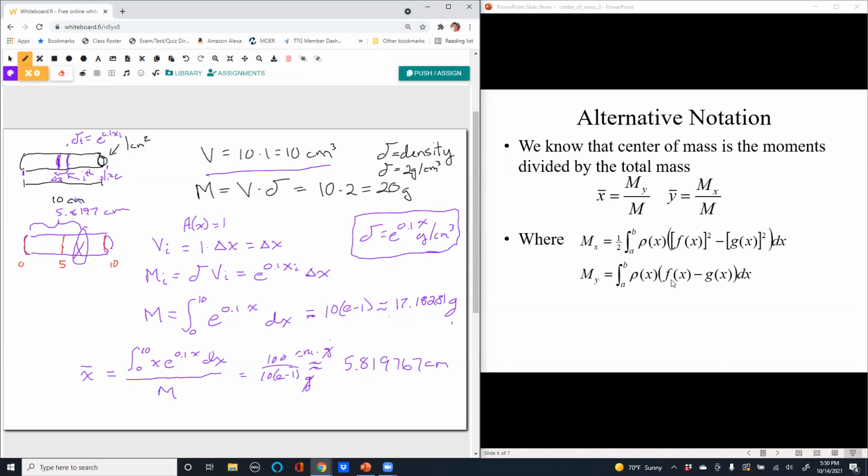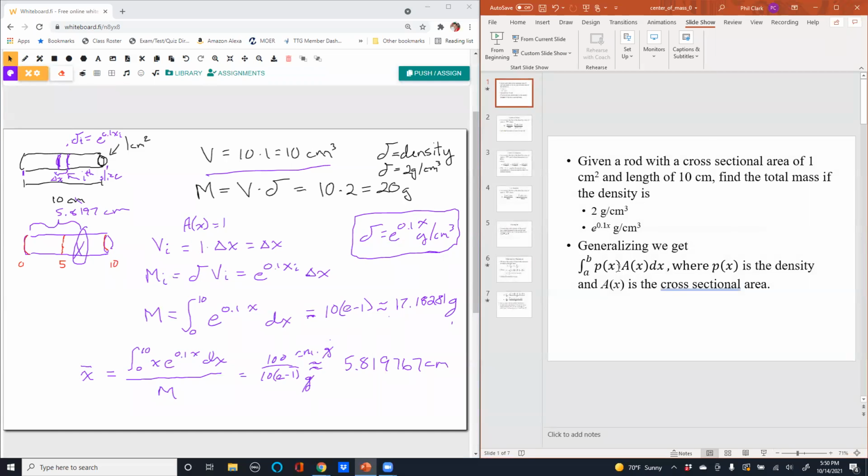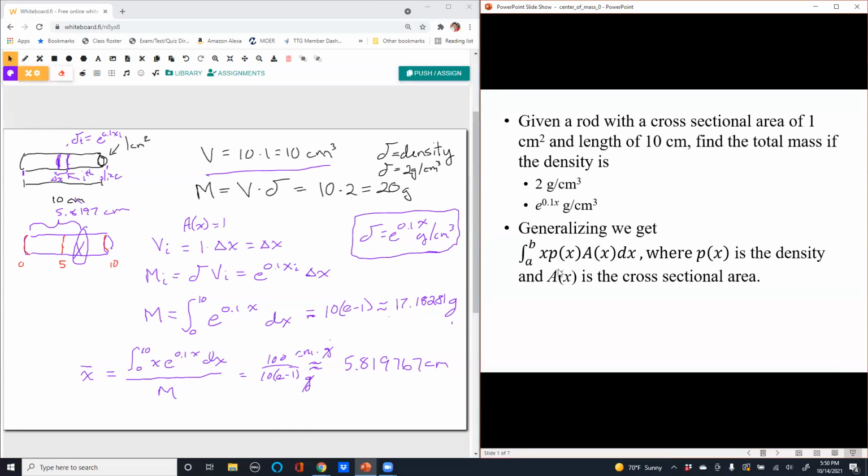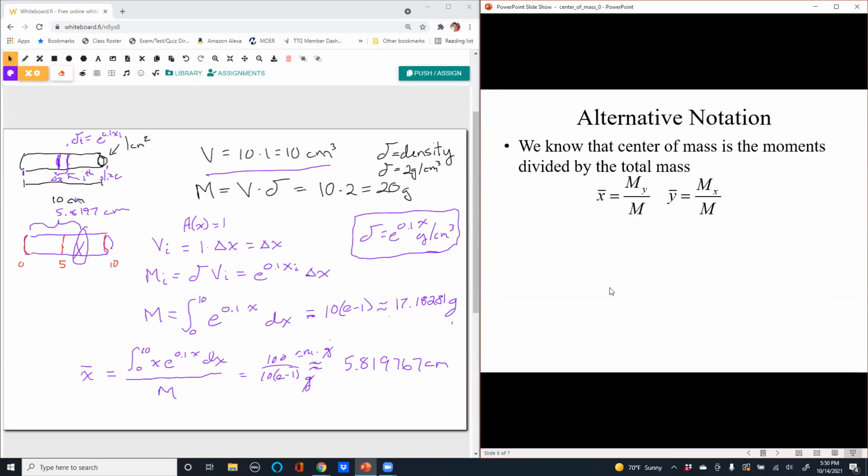Oh, sorry guys, there's a typo in here. Let me fix it. Like I said, there's an extra x in there. Sorry. Yeah, x times our density times the cross-sectional area.